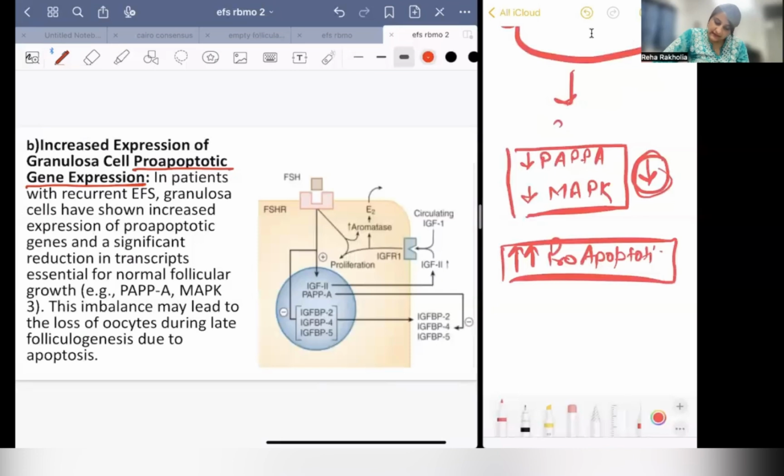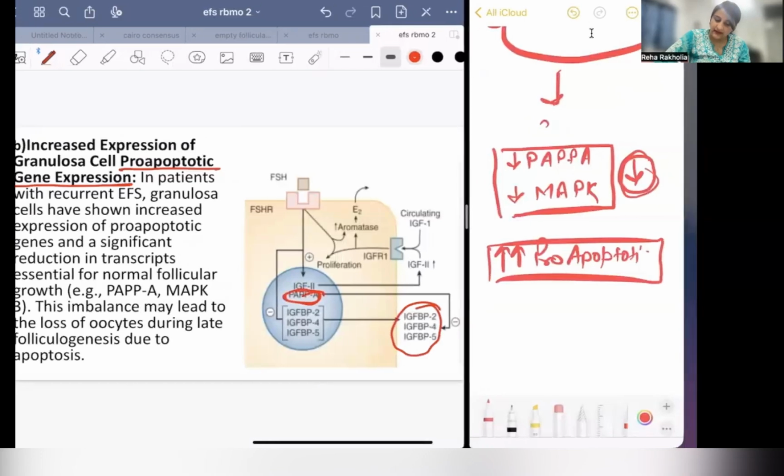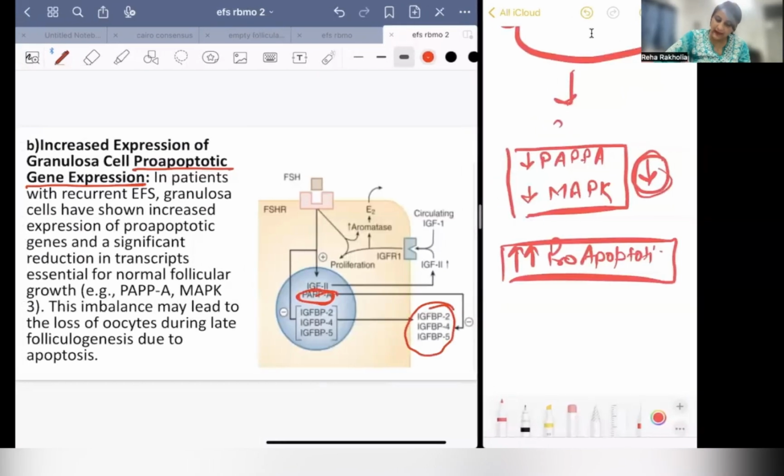PAPP-A is inhibiting IGF binding protein, meaning free IGF will be more if there is PAPP-A, and IGF is responsible for growth and proliferation. So if PAPP-A is working, there will be growth and proliferation.